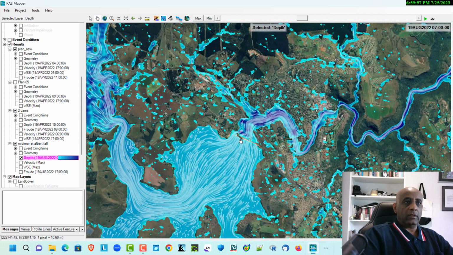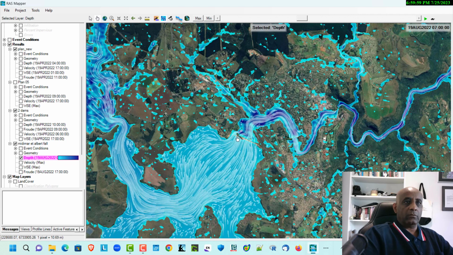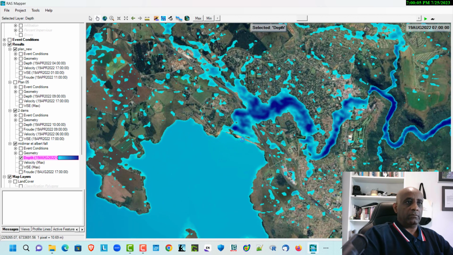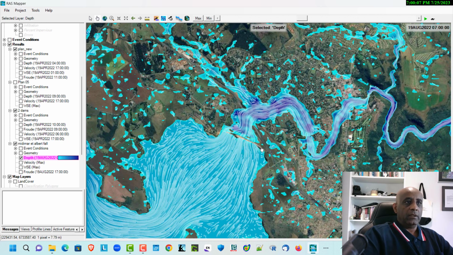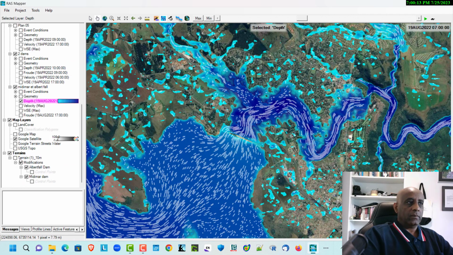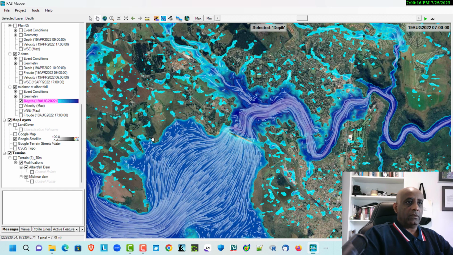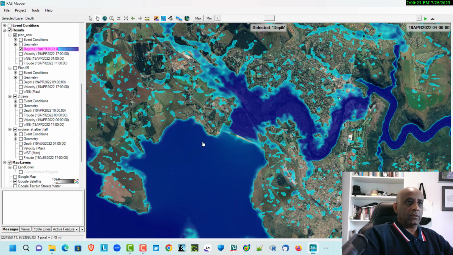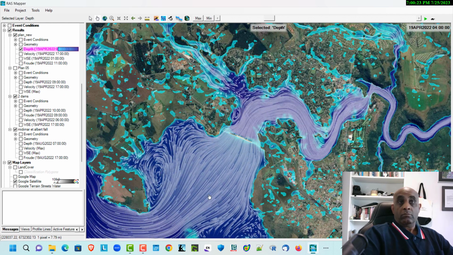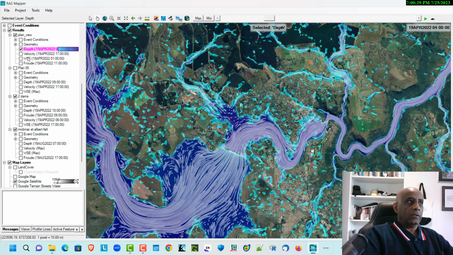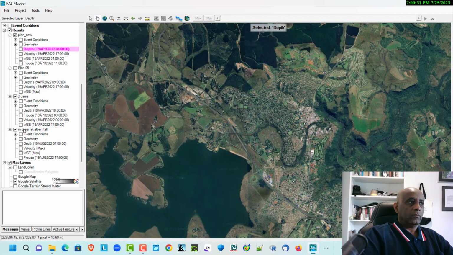Now, HEC-RAS assumes there is a dam here because we have introduced a minimal dam here, and try to see first without a dam. See, it feels like it is too much. Then with the dam, here also two dams.